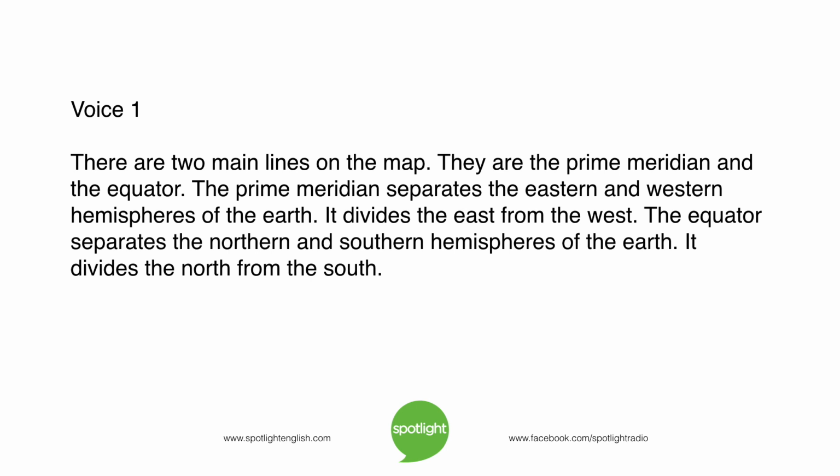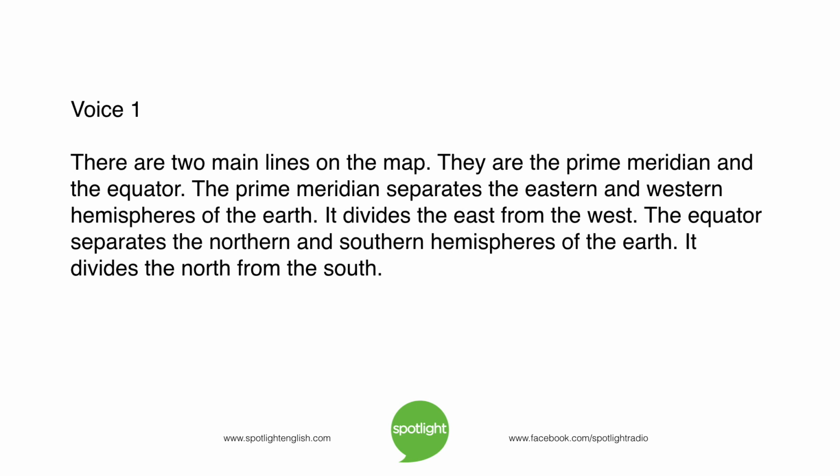There are 2 main lines on the map. They are the prime meridian and the equator. The prime meridian separates the eastern and western hemispheres of the Earth. It divides the east from the west.